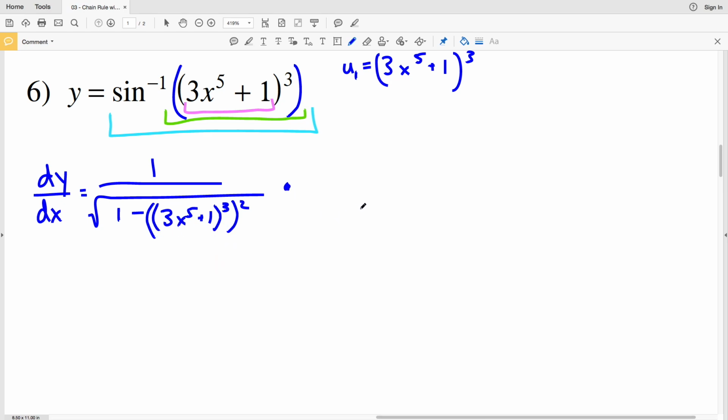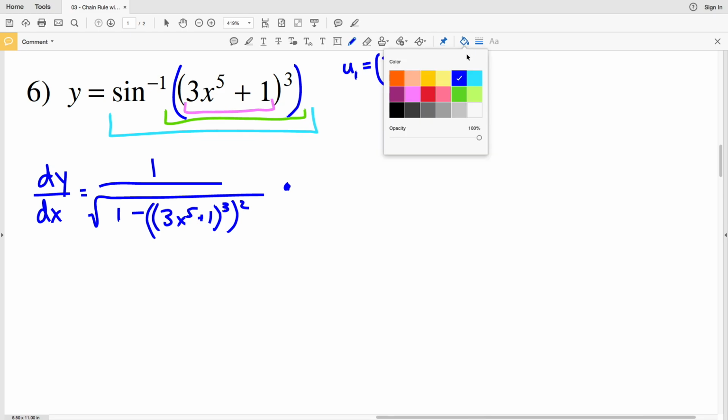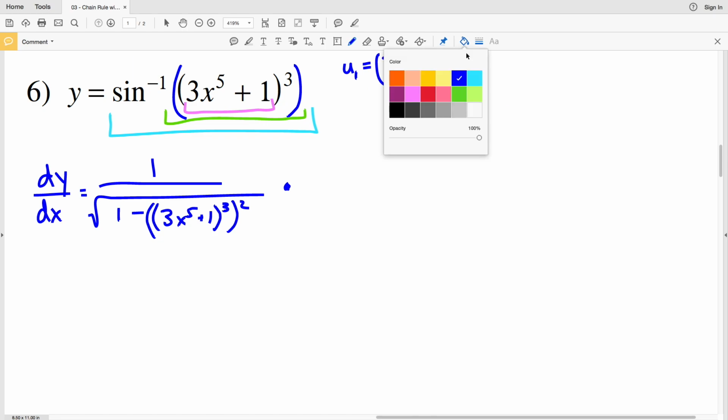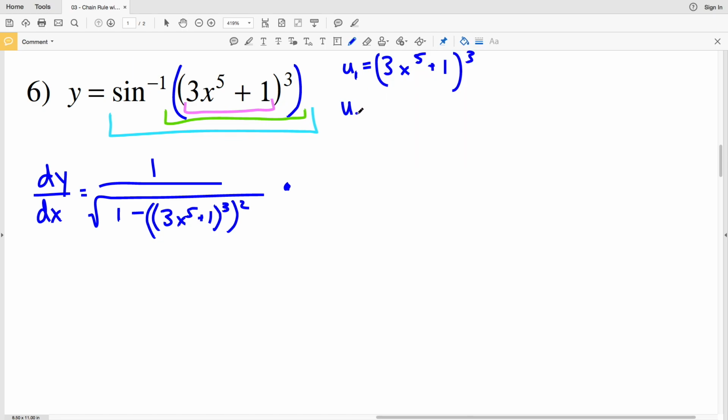Now we're going to take the derivative of that middle function. So when we take the derivative of our next function, that's going to be the derivative of what u sub 1 was. So I'm going to make u sub 2 equal to just 3x to the fifth plus 1.